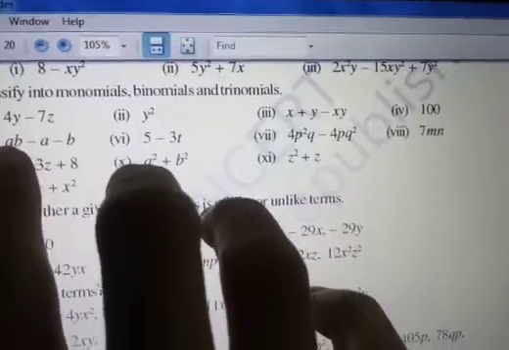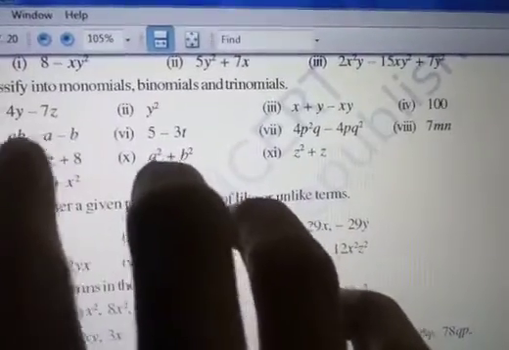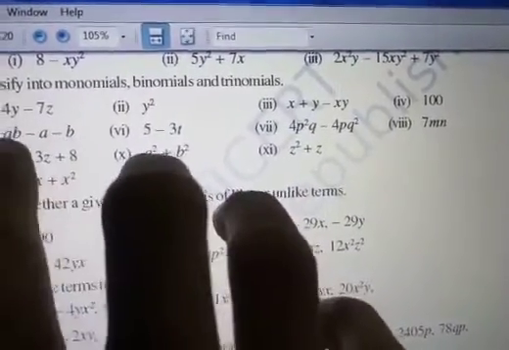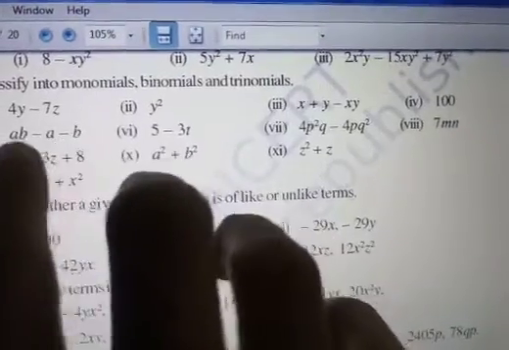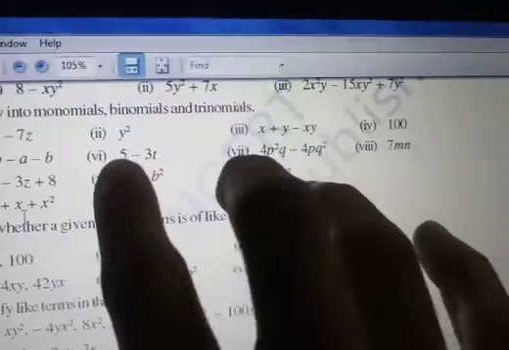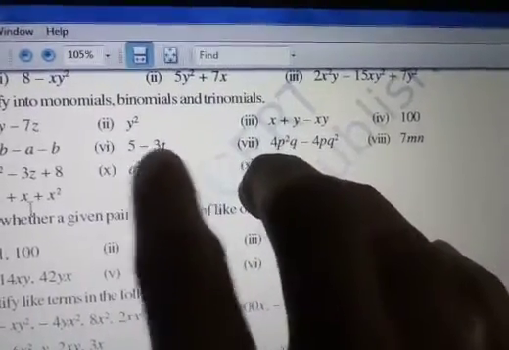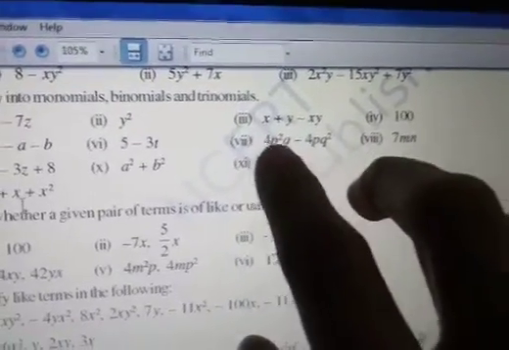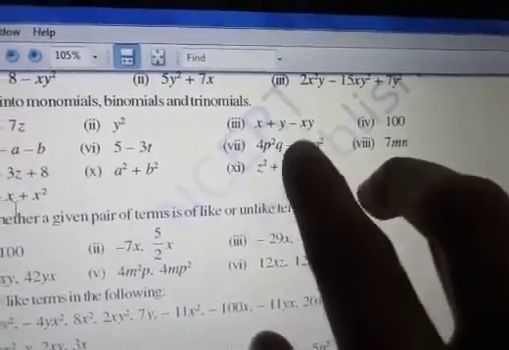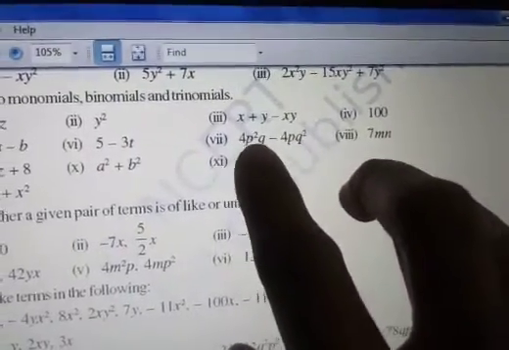Fifth problem, AB minus A minus B. Three terms are there: 1, 2, 3. So it is trinomial. Sixth problem, how many terms are there? Two terms: 5 is one term, minus 3t is another term. So two terms are there, so it is binomial. Here, 4p square q minus 4pq square. Two terms are there.